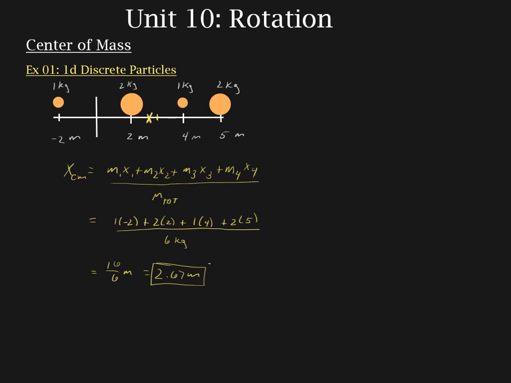Now, I want to point out that we're not always just going to calculate xcm. In these types of one-dimensional problems, it's not uncommon to, for example, have a long object, maybe like a seesaw sort of arrangement, and you have an object located here, and then an object located here.